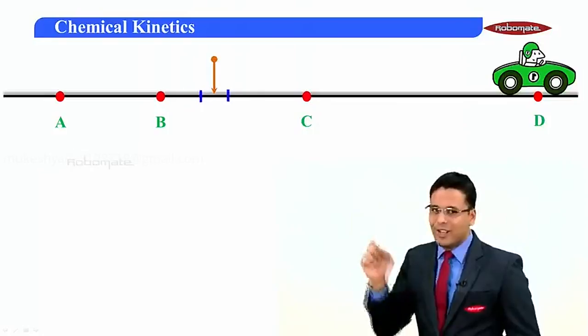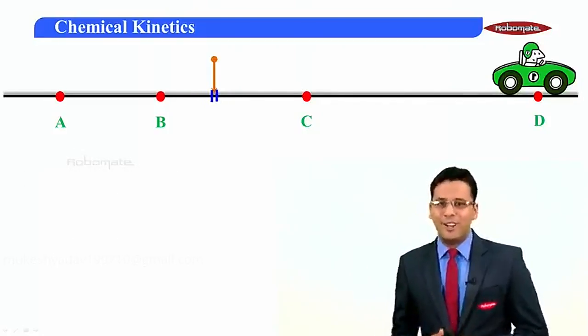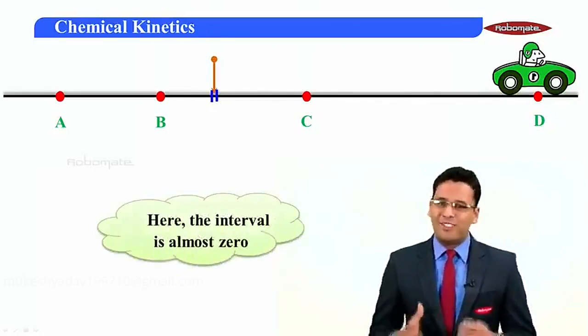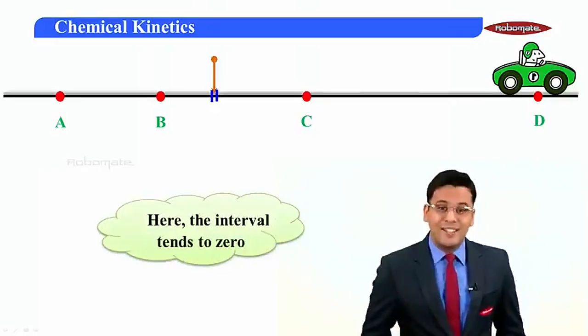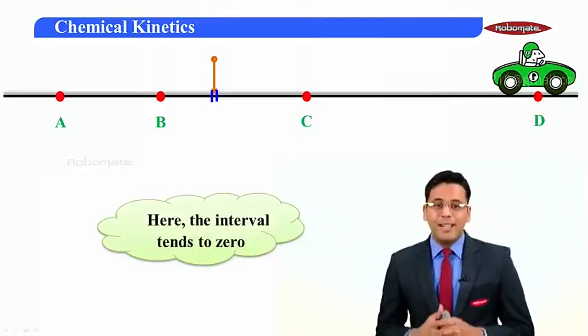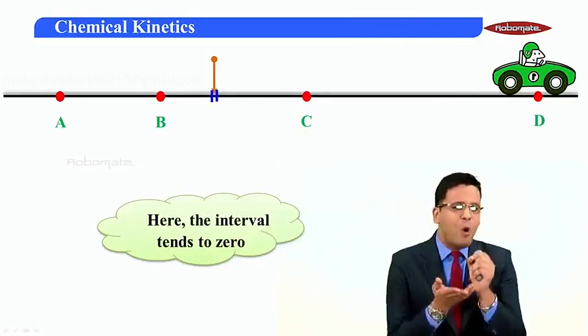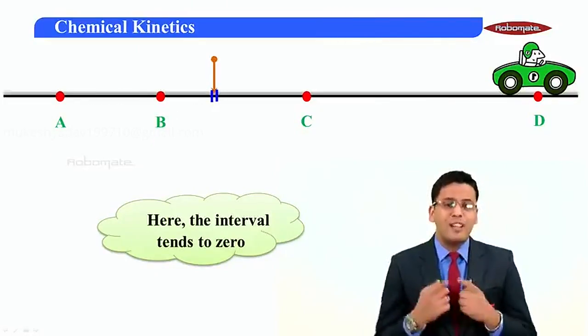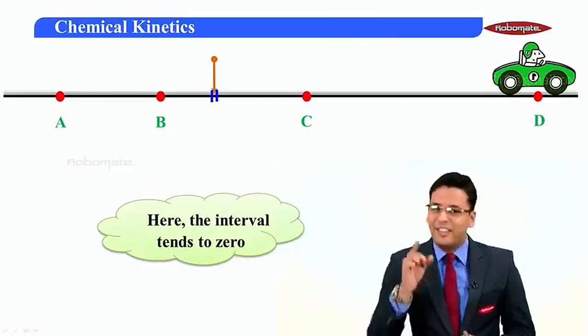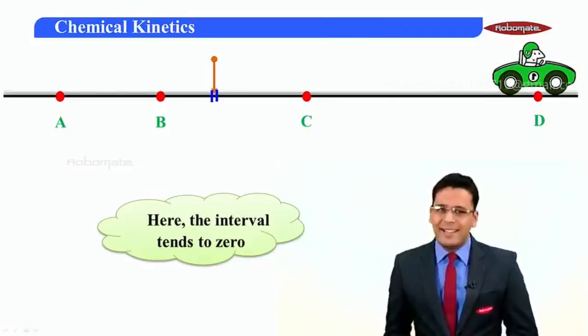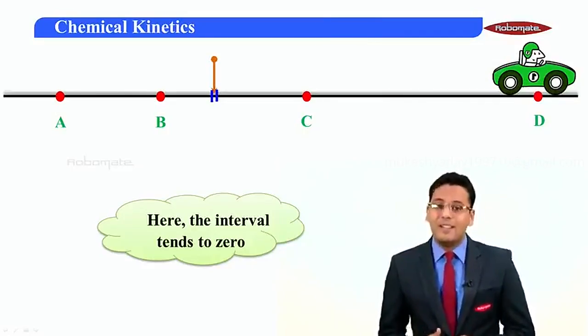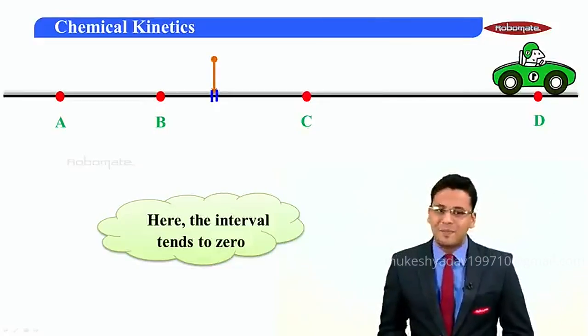But wait, look at this. Whoa, now here the interval is almost zero. It tends to zero. So I can say the small change in position upon the small amount of time which was taken for that change will give me the instantaneous rate, the instantaneous speed of the vehicle.